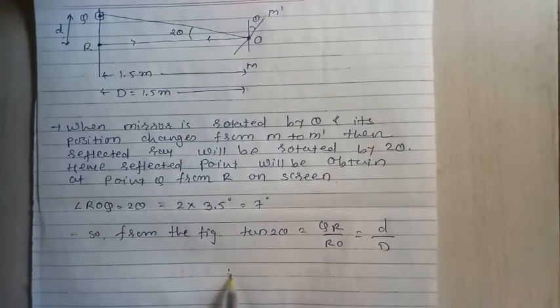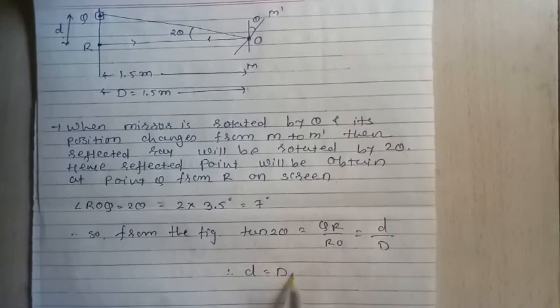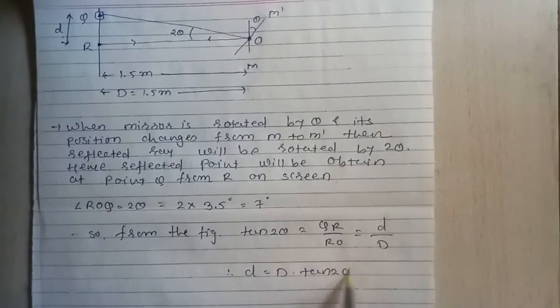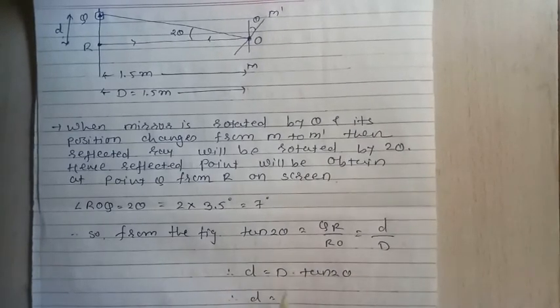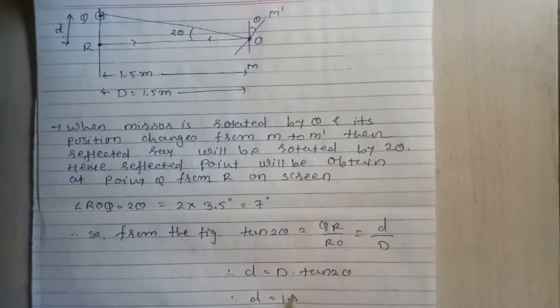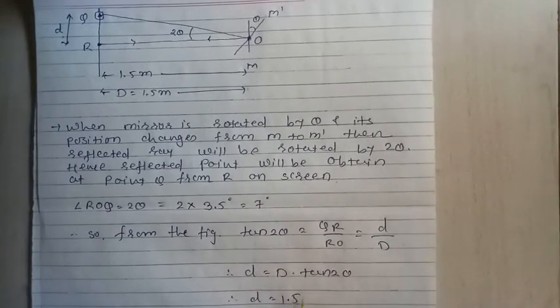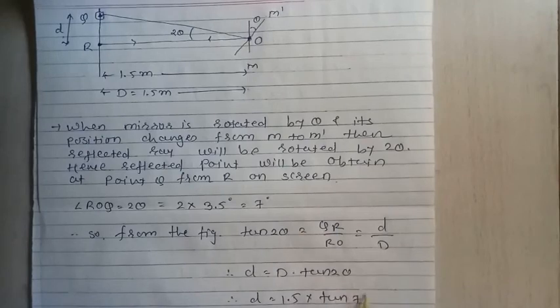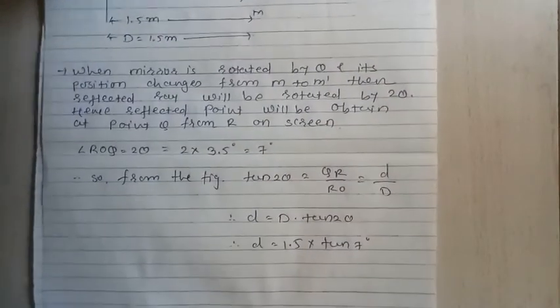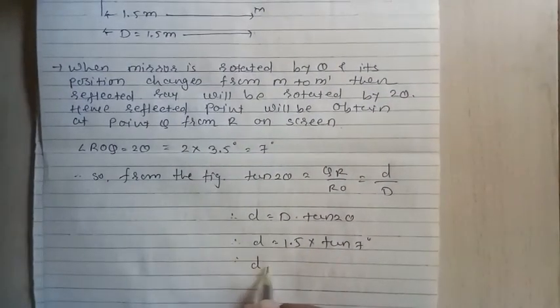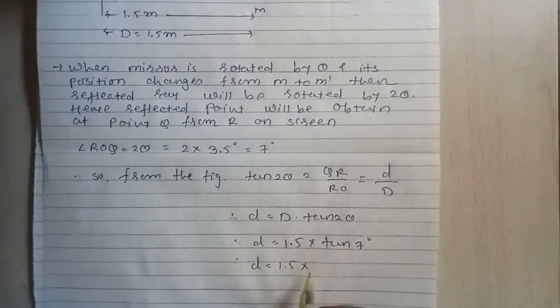So small d is equal to capital D into tan 2 theta. So small d is equal to capital D, which is 1.5, into tan 7 degree. So small d is equal to 1.5 tan 7 degree.